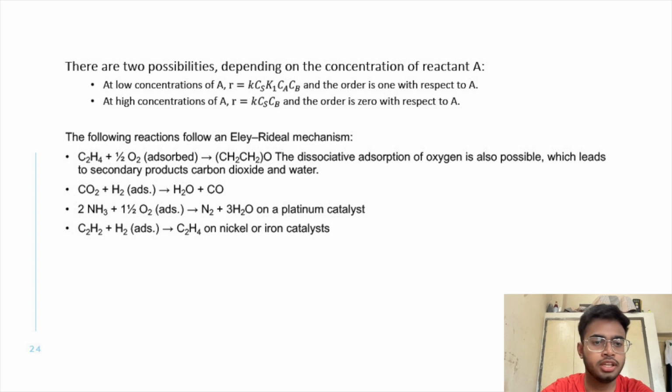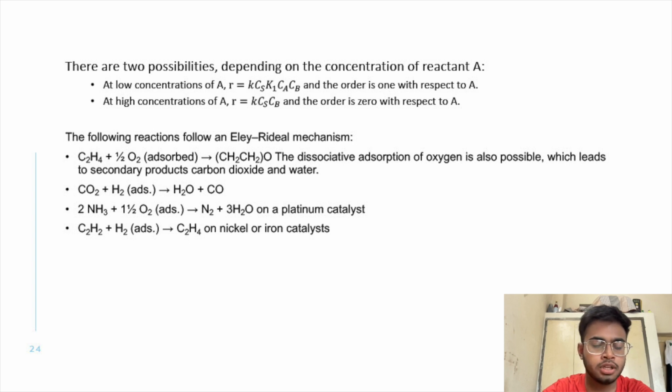These are the following examples of reactions that follow the Langmuir-Hinshelwood mechanism. Example 1 is C2H4 plus oxygen in limited amount adsorbed, which gives us the product. The dissociative adsorption of oxygen is also possible, which leads to secondary products carbon dioxide and water.